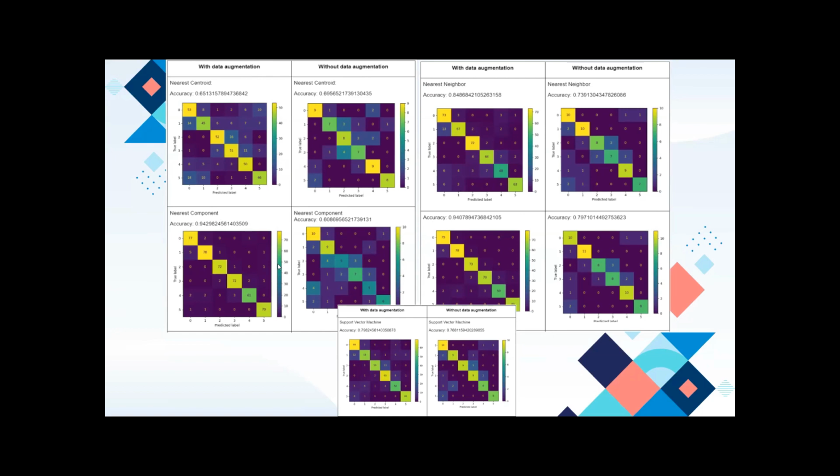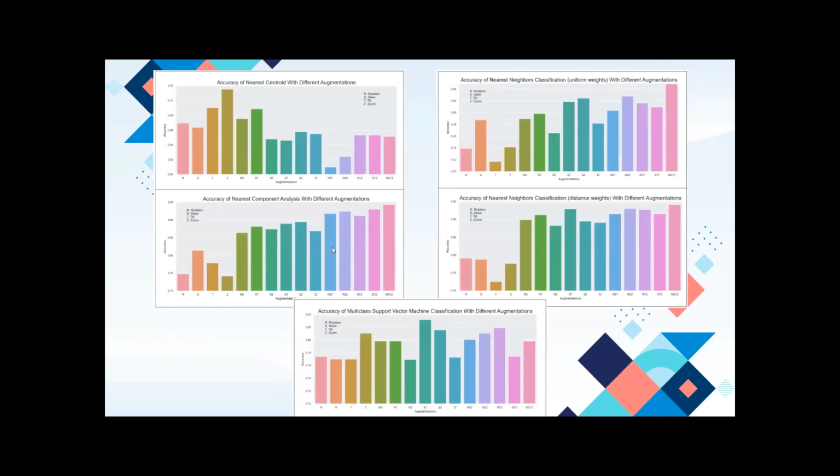To mimic real-life differences in camera angle, we also added augmentations, such as zooming in, tilting the image, and flipping the image horizontally and vertically, and those different situations. As you can see, different ones compared differently with and without data augmentation.